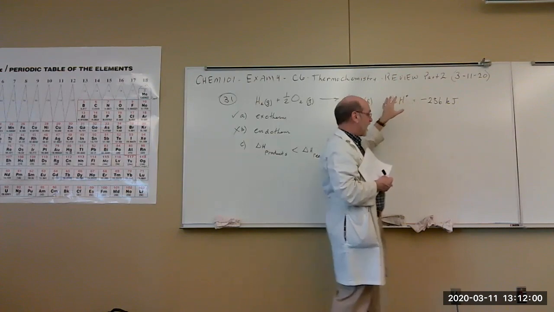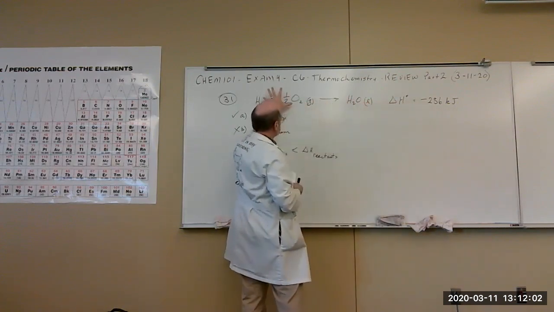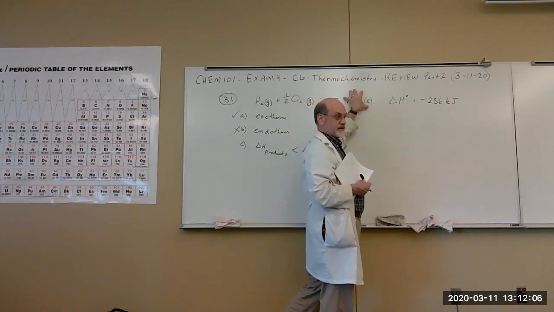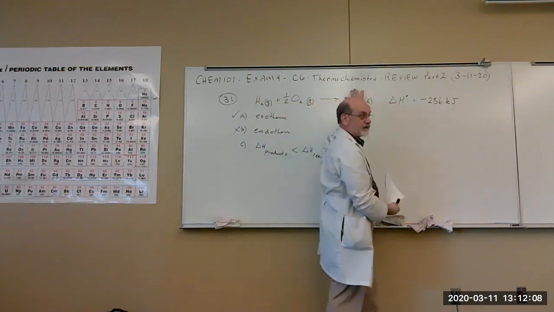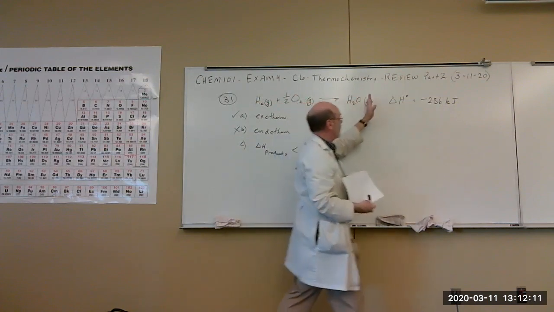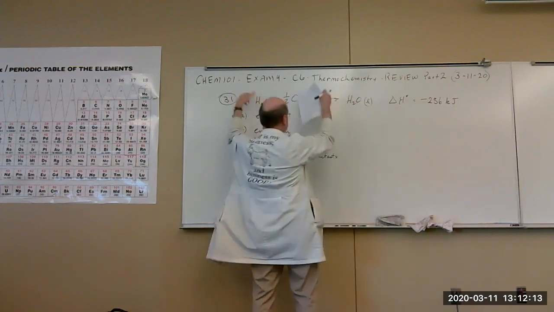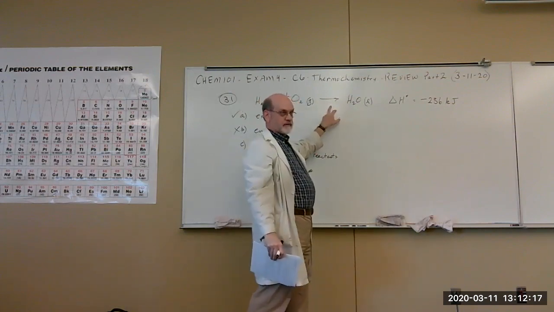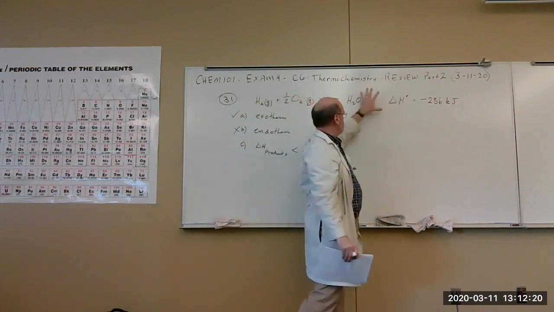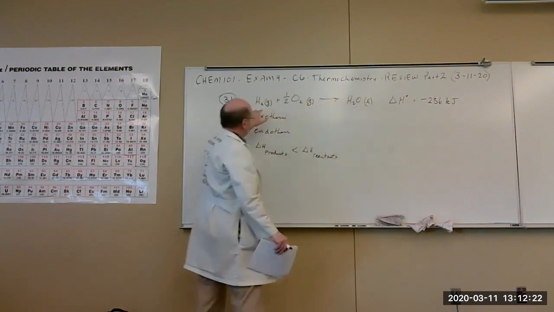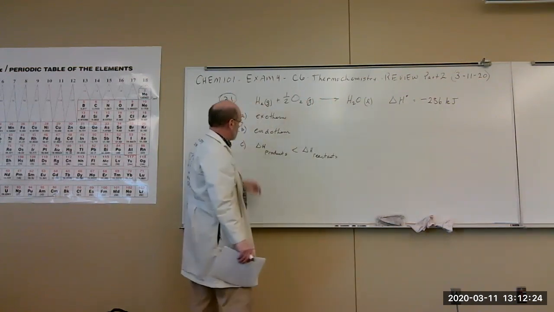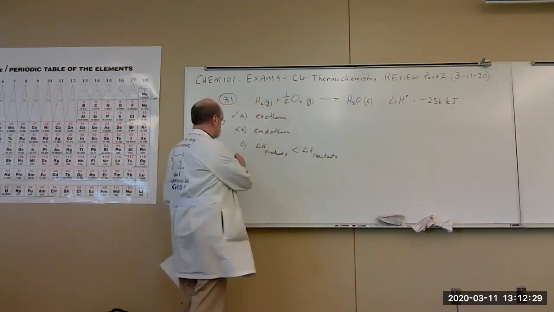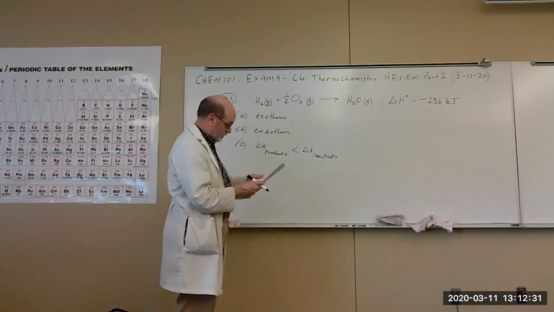Okay. So that means that the heat content of this side is greater than the heat content of this mass, minus that heat. Because now the heat is out here rather than in here. Think of this as an equality symbol. All this has to equal that. So there's more heat in the reactants than there is in the products. That's true. So we got 2 true so far.